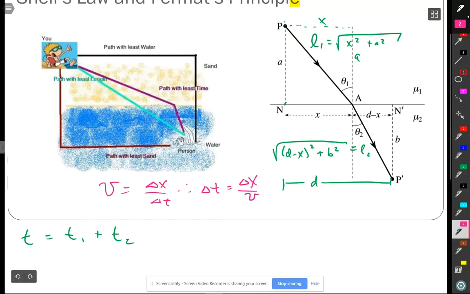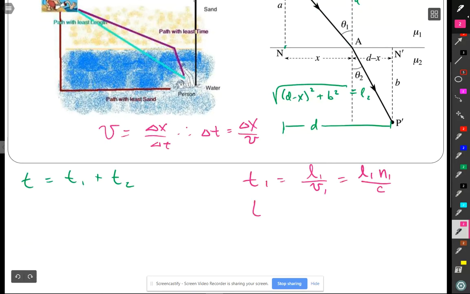Time 1 is equal to distance 1 over speed 1, which is equal to distance 1 n1 over the speed of light. And similarly, time 2 is equal to length 2 over speed 2, which is equal to length 2 n2 over c. So there's time 1, there's time 2.